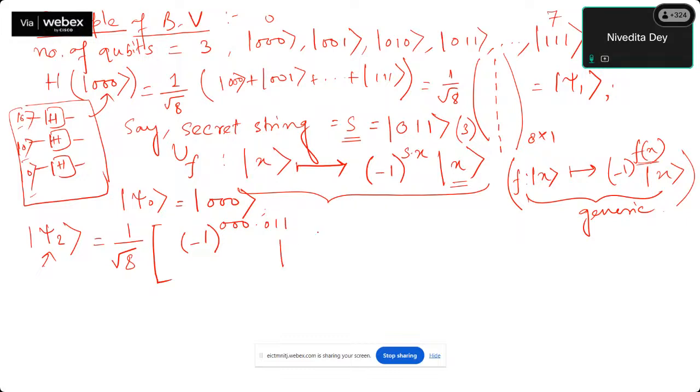And what is the ket? Ket is x. This is x, this is s. So it will be ket 000, right? And this is only for x equal to 000. So similarly, it will be for all the states.